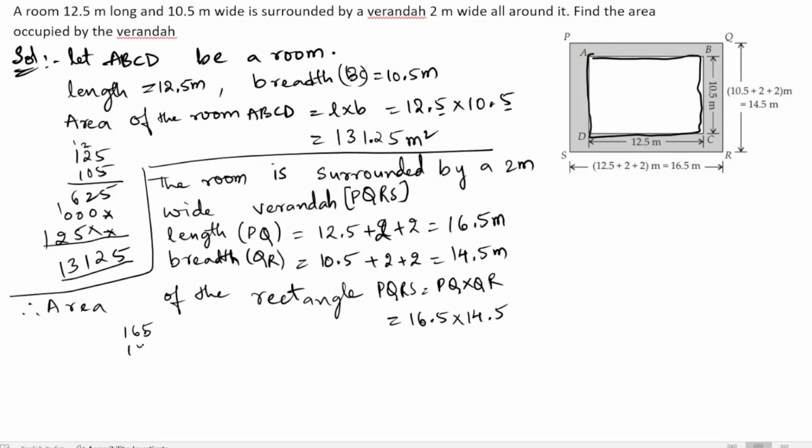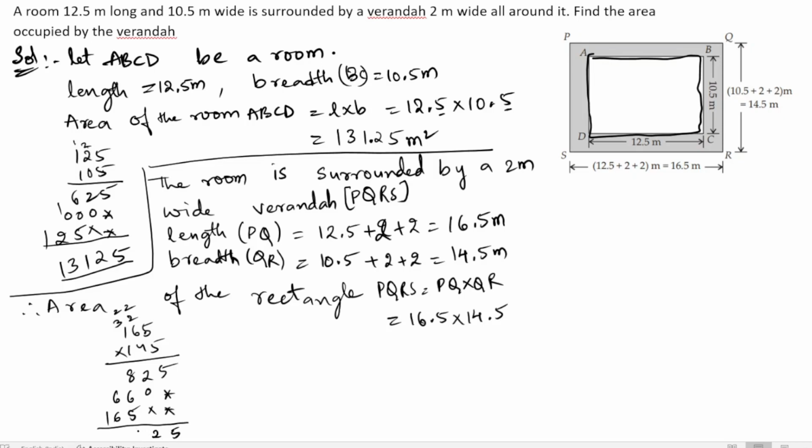Let us multiply 165 and 145. 5 5s are 25, 5 6s are 30 plus 2 is 32, 5 1s are 5 plus 3 is 8. 4 5s are 20, 4 6s are 24 plus 2 is 26, 4 1s are 4 plus 2 is 6. Next, 1 5 is 5, 1 6 is 6, 1 1 is 1.